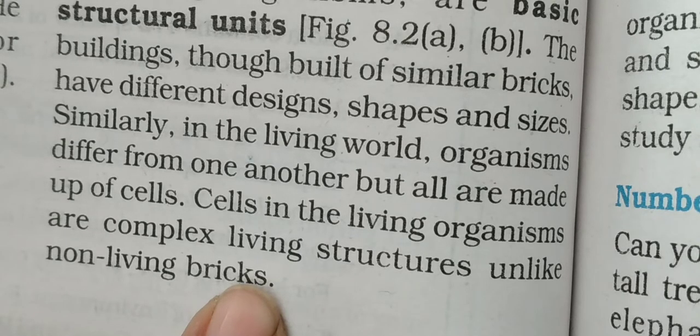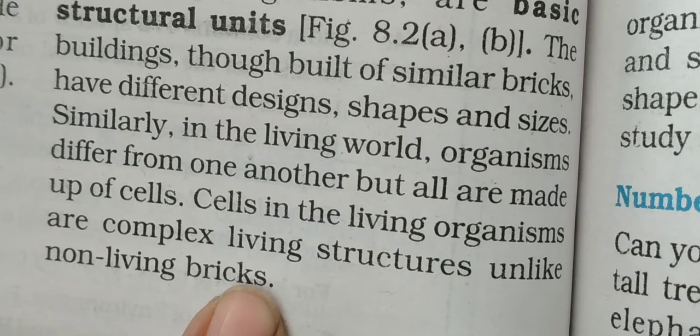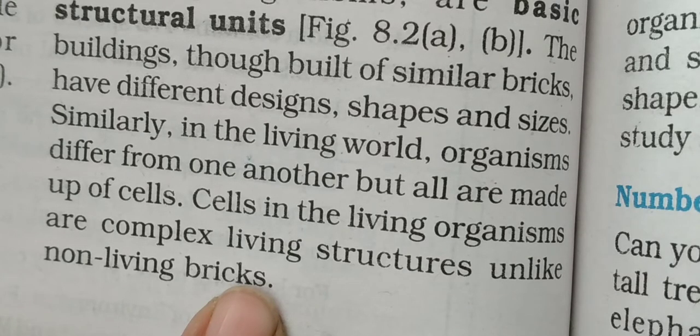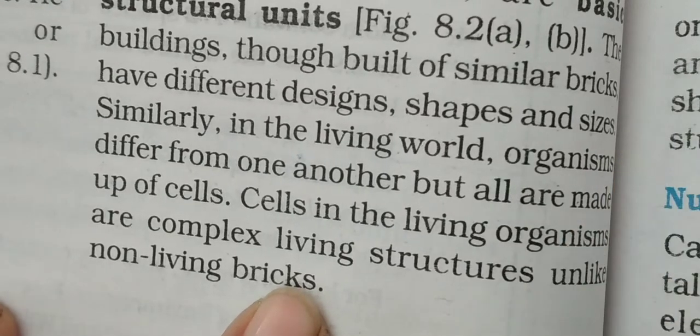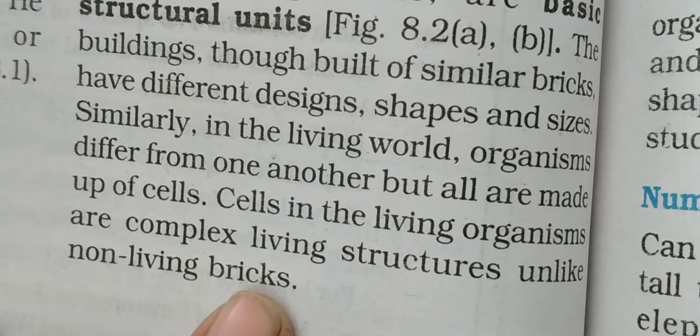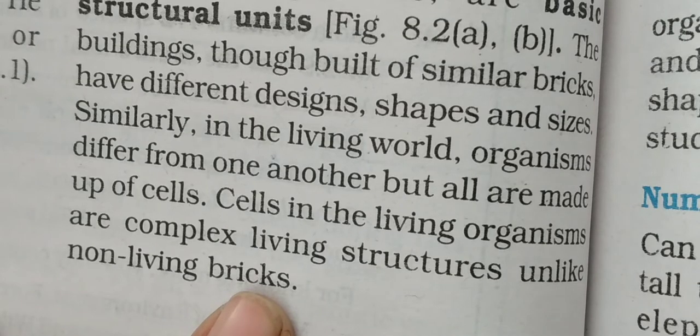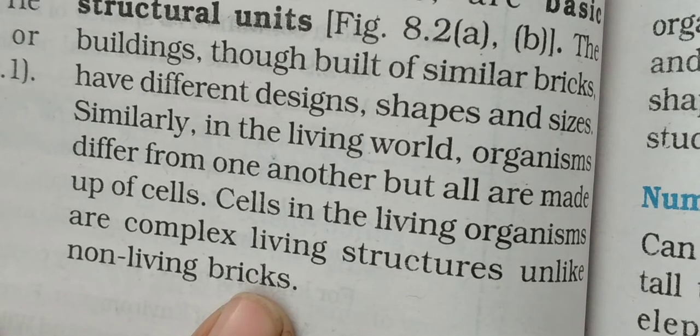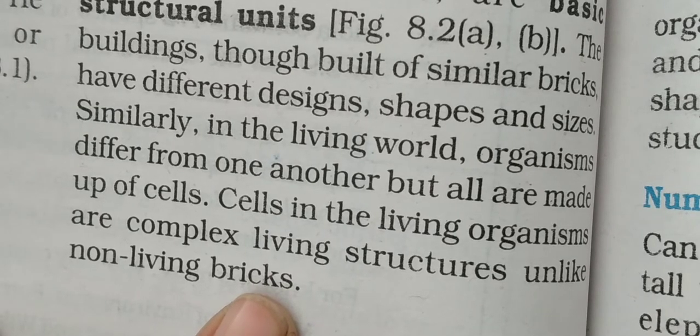But when we talk about living cells in living organisms, if you take a dog or talk about a human being itself, take a baby, if you see the structure of a baby, you can find it has different organs, and every organ has a different shape, as every organ is formed of different types of cells.